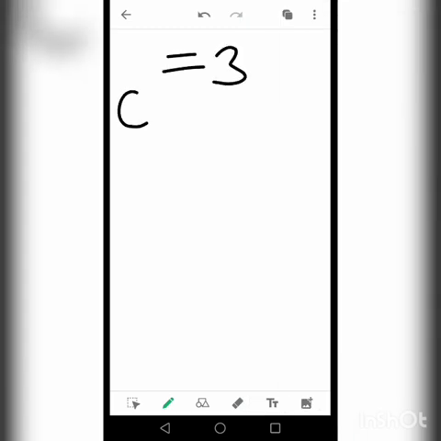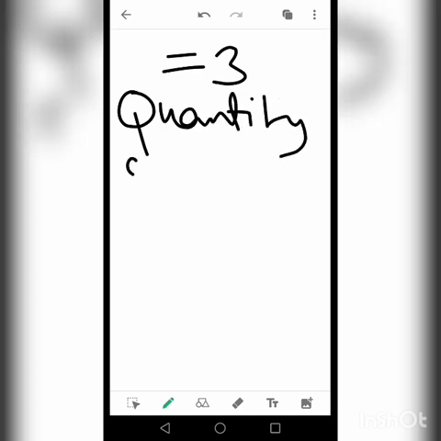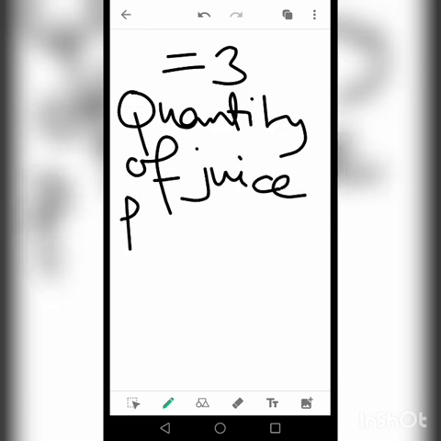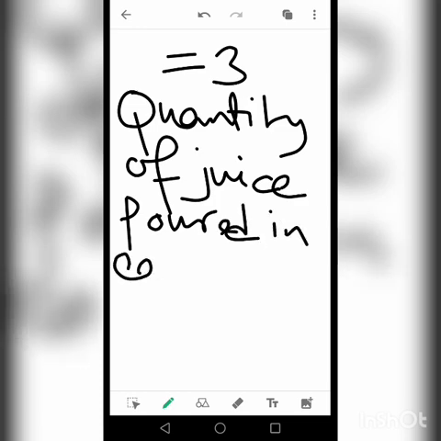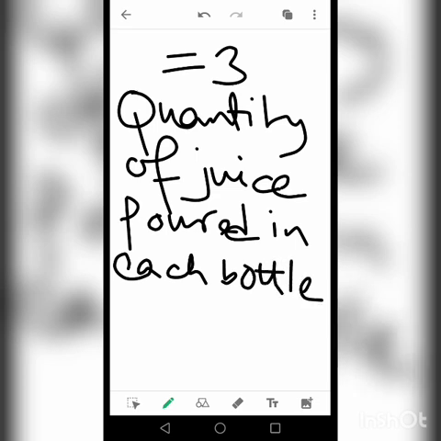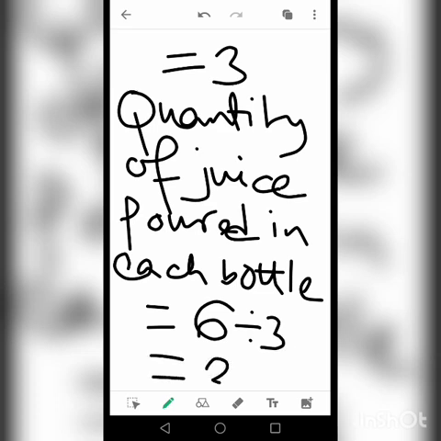Hence we will write quantity of juice poured in each bottle. So the quantity of juice poured in each bottle, how will it be given? We divide 6 by 3. Finally we get 2 liters. Here you don't need to do calculation, since you know the tables of 3, and as 6 is a very close multiple of 3, you can find out like this.